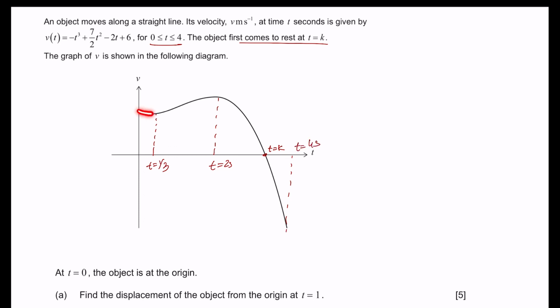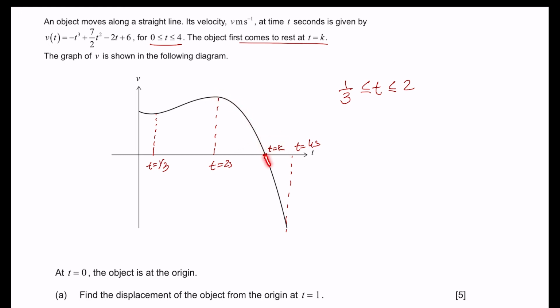So here the curve is decreasing from 0 to 1 by 3. You see here, as the value of x is increasing, the y is decreasing. But from 1 by 3 to 2, the curve is increasing, right? So we have first found this interval, between 1 by 3 and 2, the speed is increasing, right? Another is after 2, what happens is the object slows down, gets the speed 0, right, at t equals k seconds.